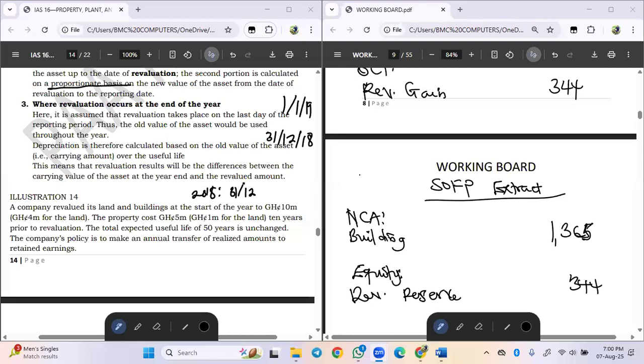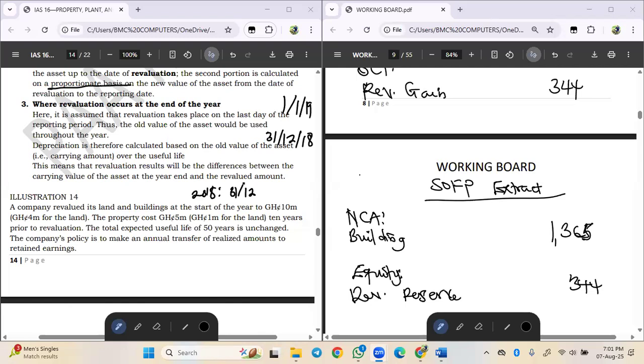When you're preparing the statements of financial position as at that date, are we going to use the carrying amount after the depreciation, or a revalued amount, in terms of the non-current assets? We will use the fair value amount, the revalued amount. Then we find our revaluation gain or loss.